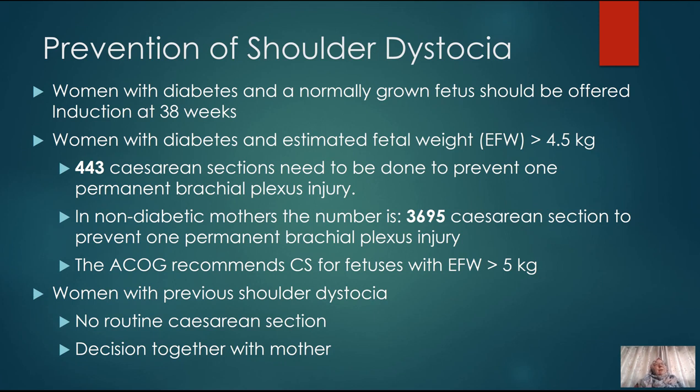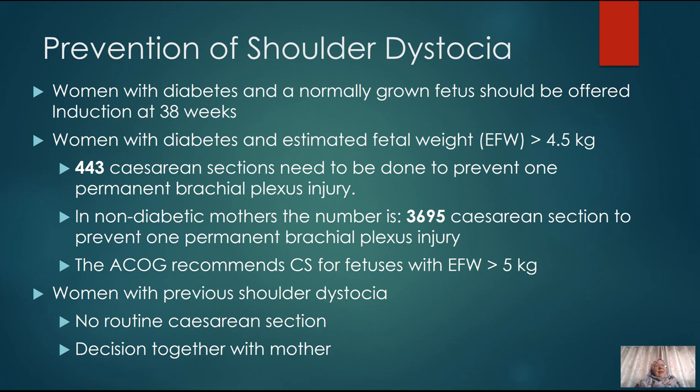So, how can we prevent shoulder dystocia? Because prevention of this emergency would be the best kind of treatment. The problem is that, again, because it's difficult to predict, it's also difficult to prevent.